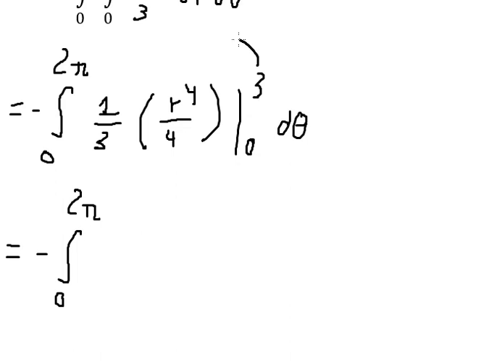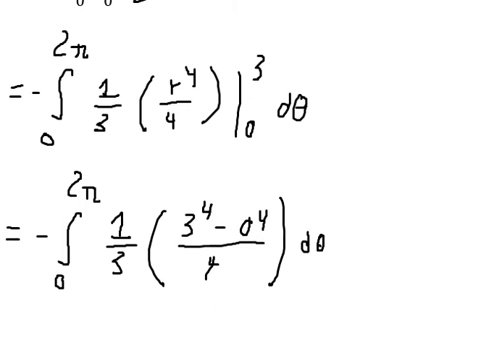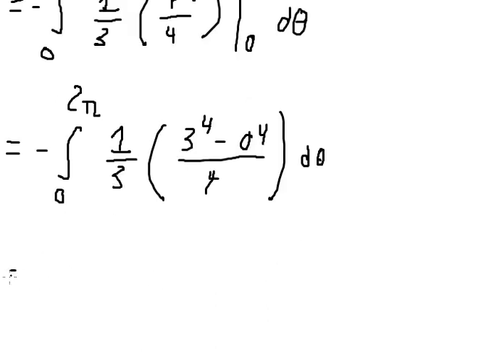So I will put number 3 cone here, number 0 cone here. So we calculate the numbers in here. We have 27 over 4.